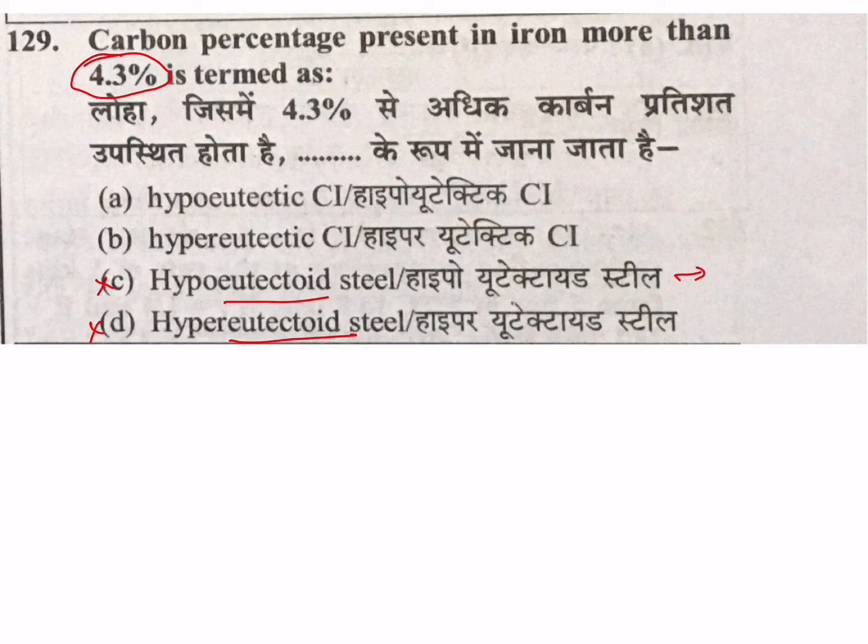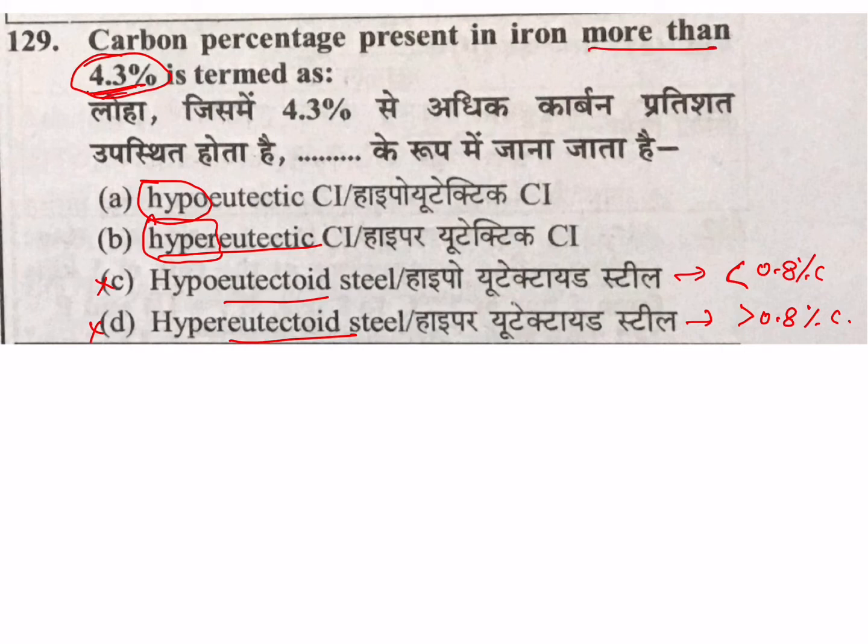Hypoeutectoid is less than 0.8% of carbon, and the hypereutectoid greater than 0.8% carbon. So hyper and hypo.